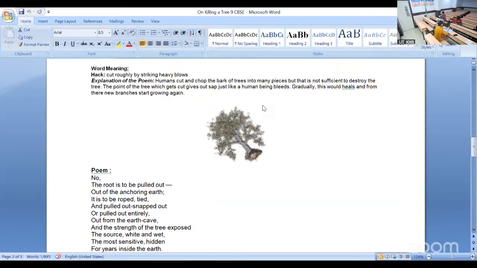Today in class, copywriting is done. Story writing is done. The letter and the story are done, and then we have done diary entry. Letter writing we have done. Next class, after completing On Killing a Tree, we will do The Little Girl.